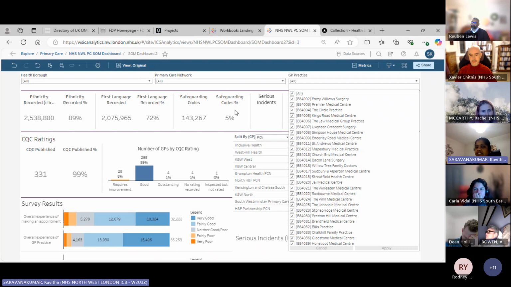And finally, we've got the safeguarding codes and starting to check if those are being populated in order to capture any serious incidents that happen within the general practice. So currently there is a whole emphasis being given to the quality framework, to think about if serious incidents happen, how those serious incidents will be dealt with in primary care, what is the escalation path, and at what point does it get communicated to the other care settings?